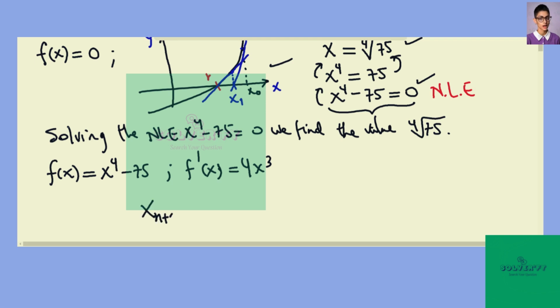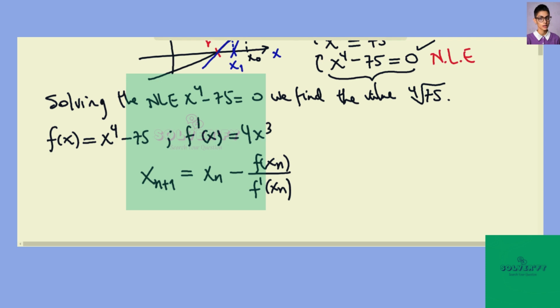The new iterate is equal to the previous one minus the function at that previous iterate over the derivative at that iterate. So this is a way of advancing the iterates. Using the previous one, we use this formula where we use the function and its derivative. And doing the calculations, we get the next iterate and we repeat the process, as we said in the graph.